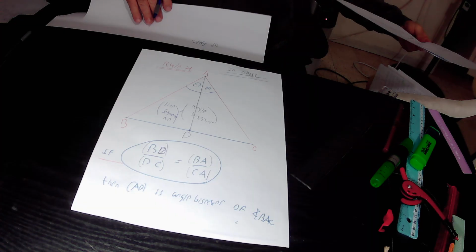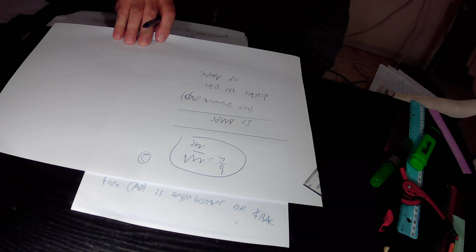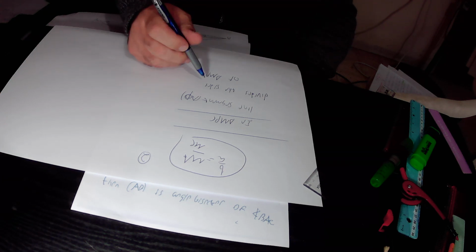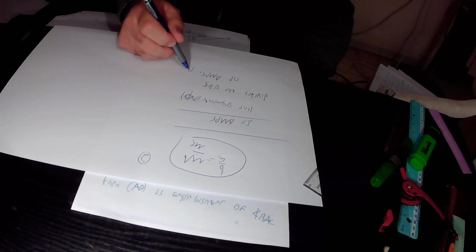So now, line segment AP divides the sides of the right triangle MPC proportionally.